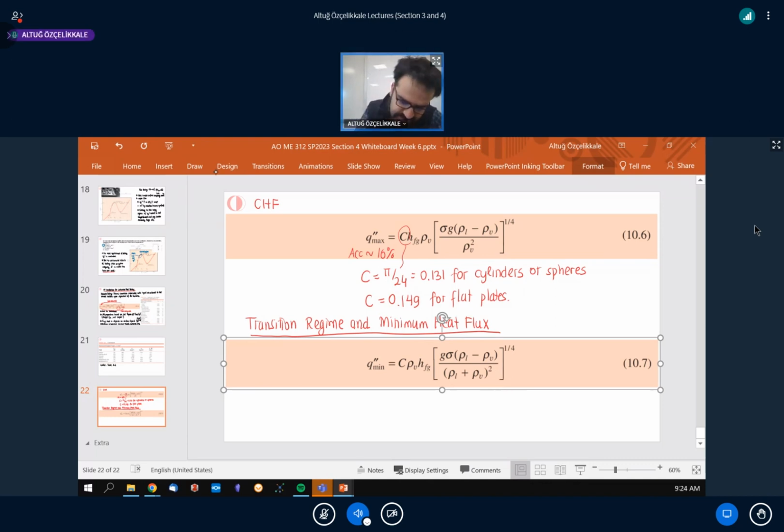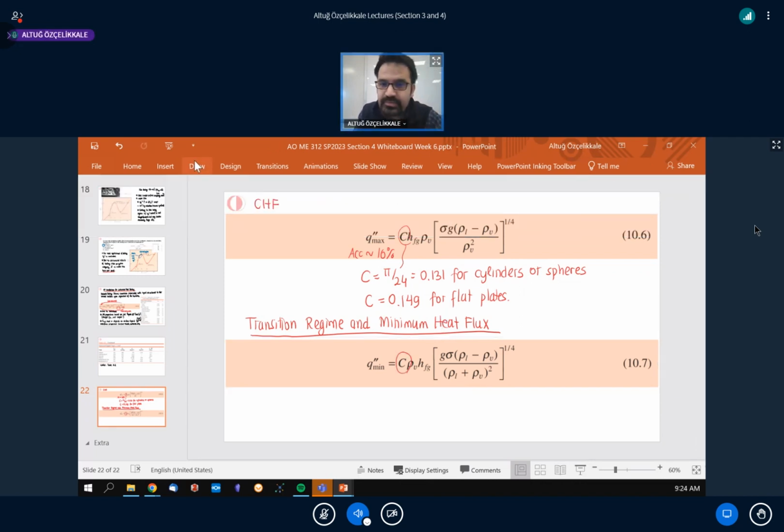And this correlation for minimum heat flux is for a large horizontal plate. In the literature, this correlation is reported for other surfaces as well. However, for our purposes, you can use this correlation with a number of 0.09 as C, and accuracy is not great, it's around 50%.